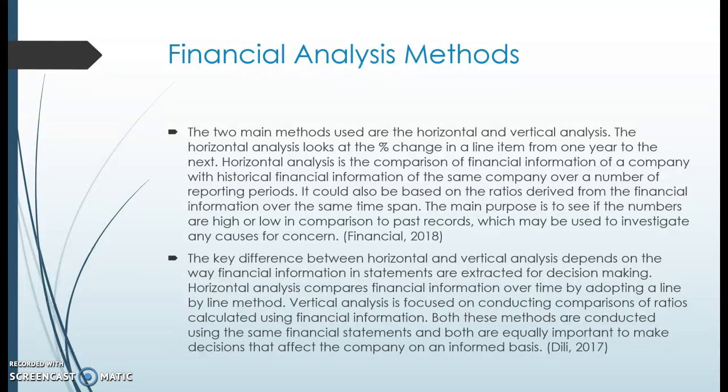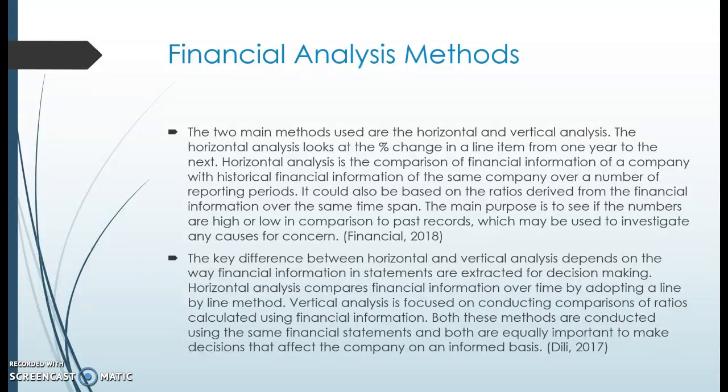It could also be based on ratios derived from the financial information over the same time span. The main purpose is to see if the numbers are high or low in comparison to past records, which may be used to investigate any causes or concern.